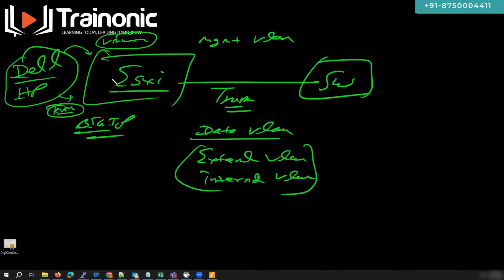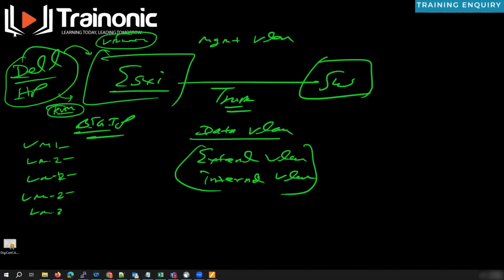Now, once ESXi is installed, on top of it you can install multiple VMs, VM1, VM2, and these VMs can be anything, like maybe a Windows server, a Windows machine. It can be a firewall, it can be a router, it can be a virtual switch as well. You can keep on creating multiple VMs on a single server. So it's kind of virtualization that we are using here.